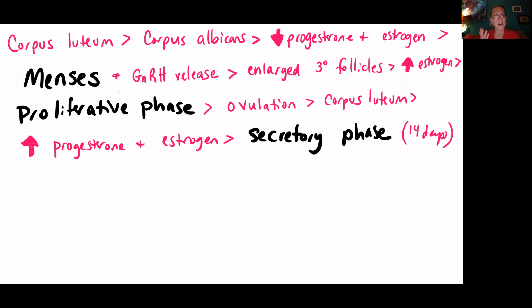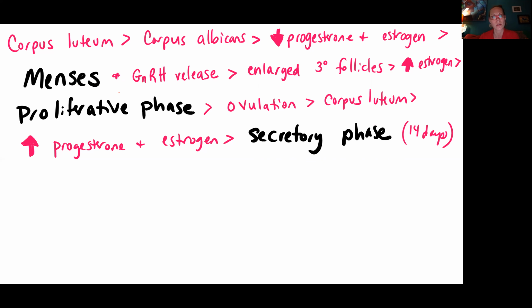So let's try to put a few things together here. If we start at the ovary with our corpus luteum becoming the corpus albicans, that's going to trigger a drop in progesterone and estrogen levels, which will trigger menses in the uterus. So we start losing that functional layer. At that same time, we're going to see that our gonadotropin releasing hormone is going to be released.